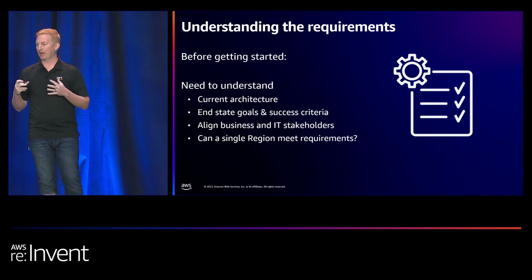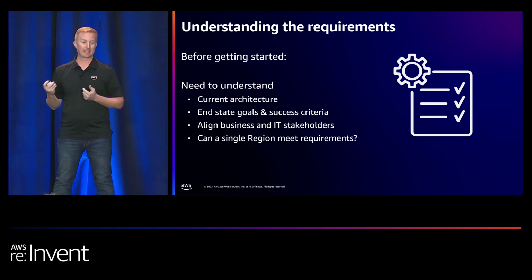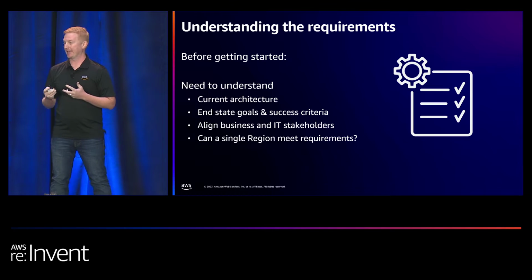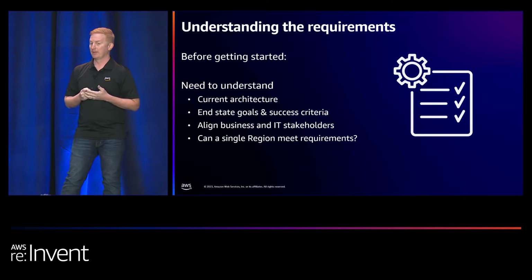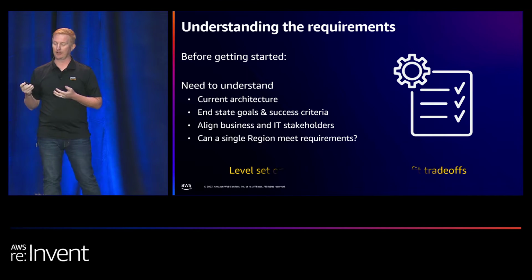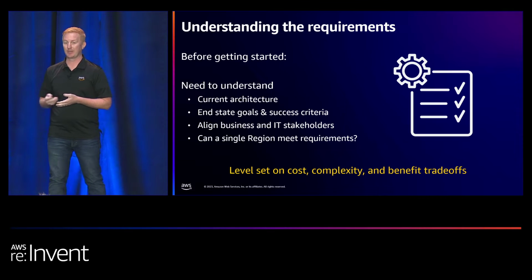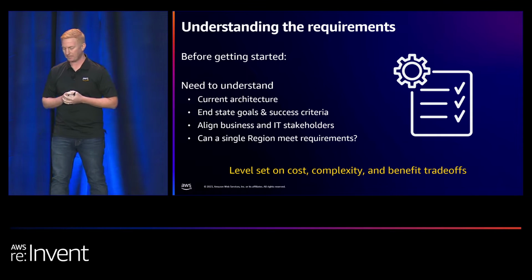So as you understand these requirements and get in line with both business and technology stakeholders and understand the requirements, and then work backwards from those requirements to figure out what the best solution is for you. Ask, can a single region meet those requirements, or do these requirements dictate that we need to extend beyond into a multi-region workload?